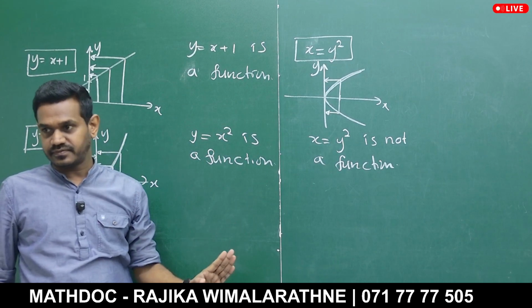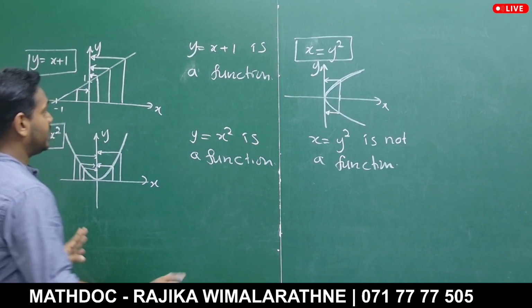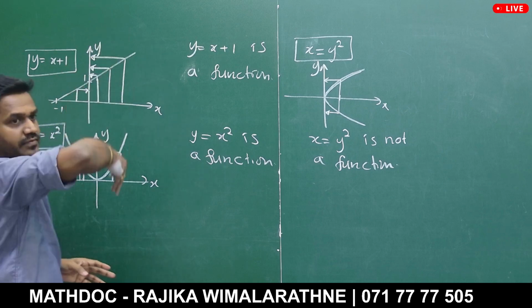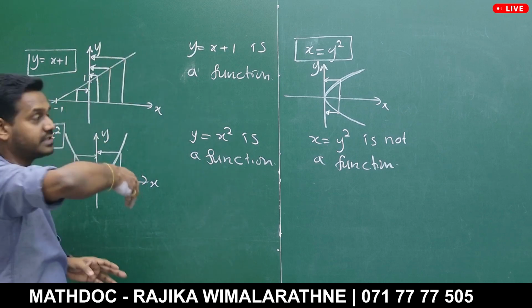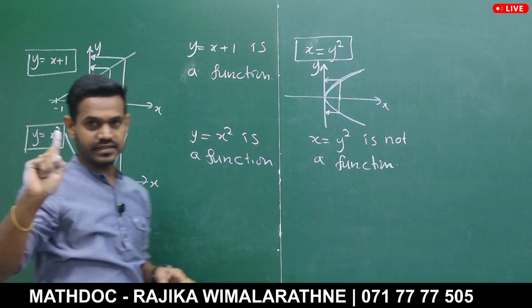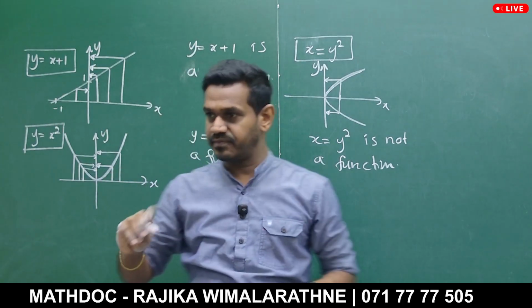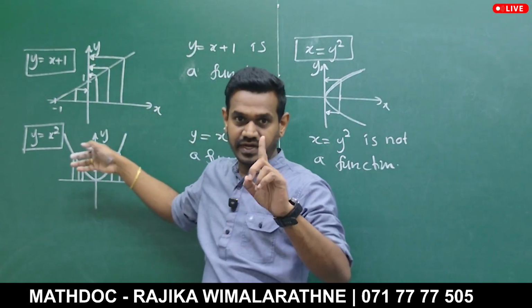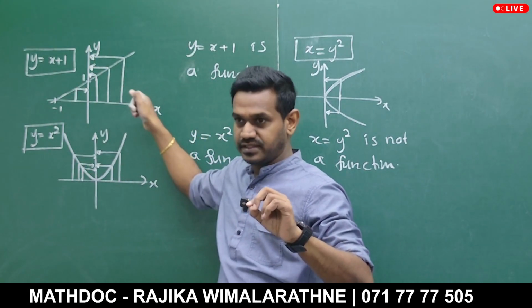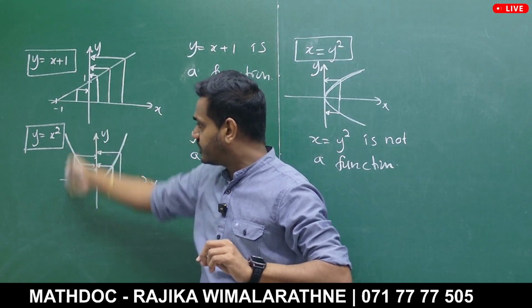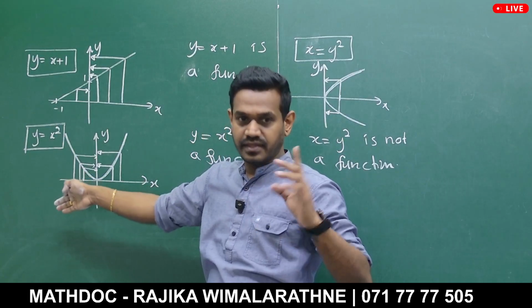That's the thing. So the vertical line test means you sketch imaginary vertical lines. Imagine there are vertical lines. You can see only one intercept there. Then we say that is a function.